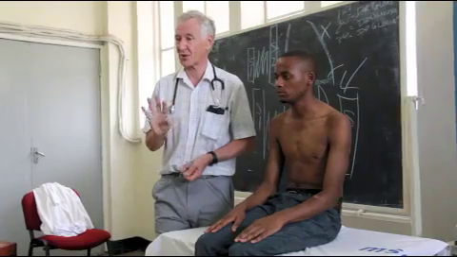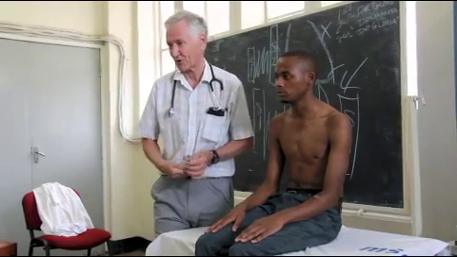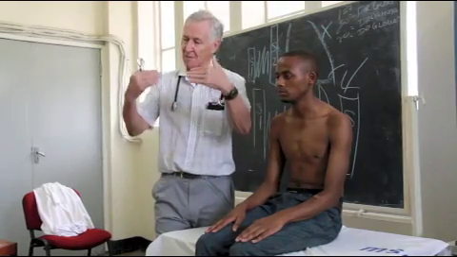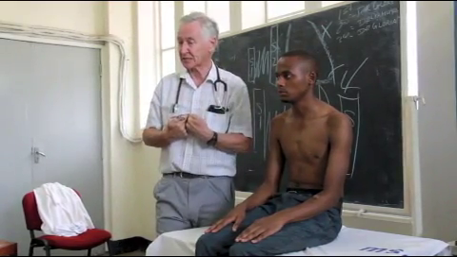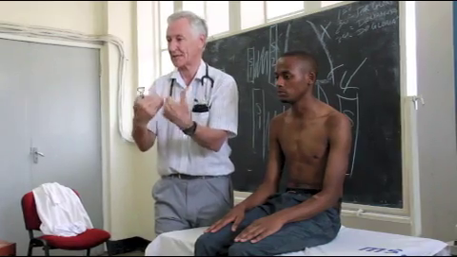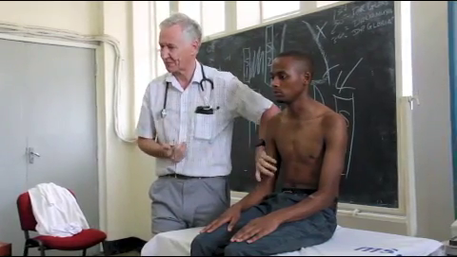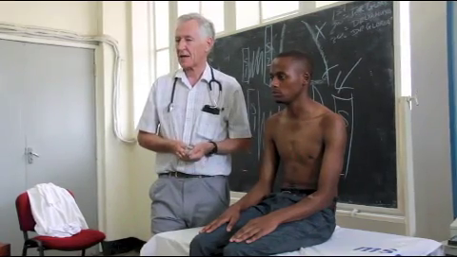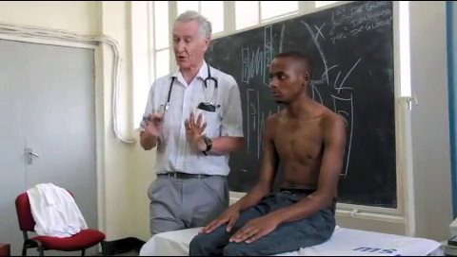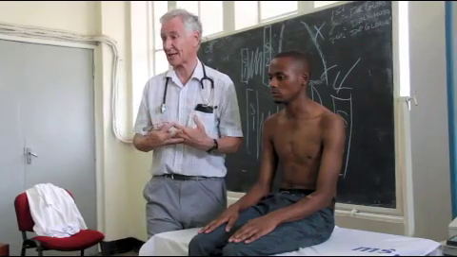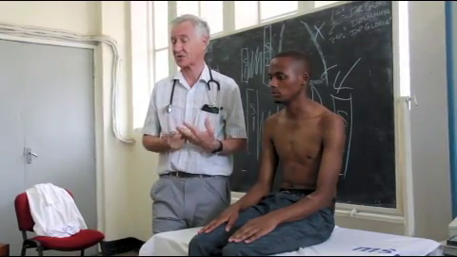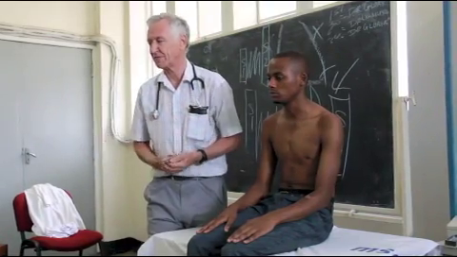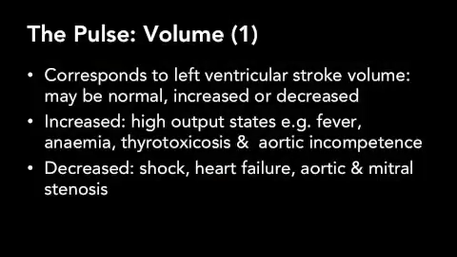For example, pulsus alternans, where every second volume is decreased. That's left ventricular failure. Pulsus paradoxus, where the volume decreases on inspiration, such that it may disappear completely. That can be confirmed by measuring the blood pressure at the same time. Volume can be increased in high output states like pregnancy, anemia, thyrotoxicosis, and of course aortic incompetence, where you feel a full volume pulse.